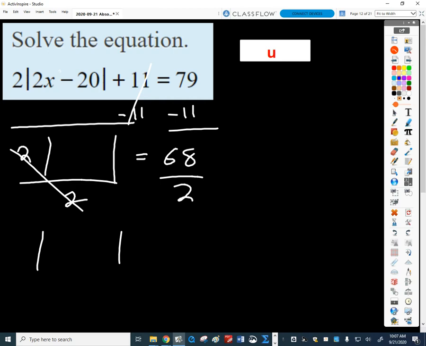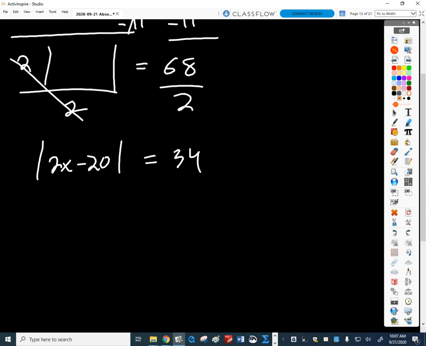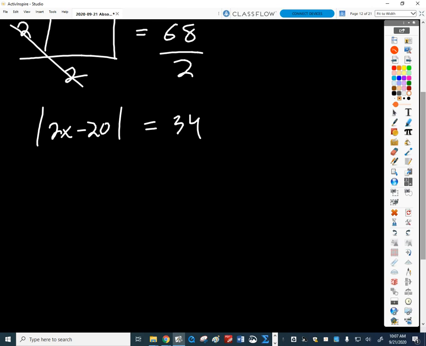So the absolute value of 2x minus 20 is equal to 34 when I divide by 2. And so what 2 equations is that going to give me, Mr. Demanu? Right. 2x minus 20 equals 34, and then 2x minus 20 equals negative 34.